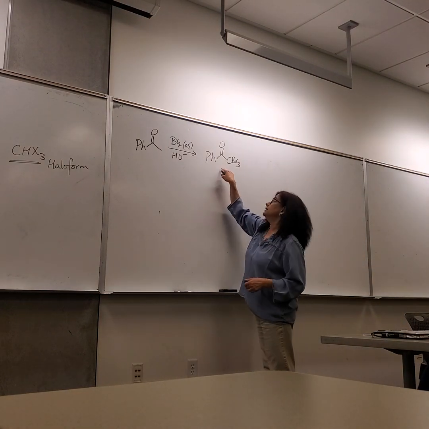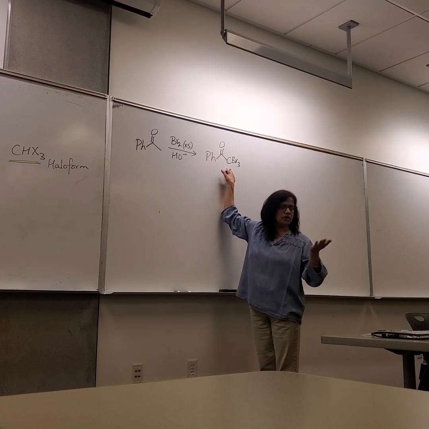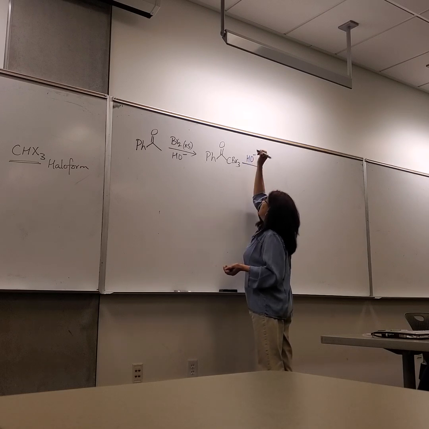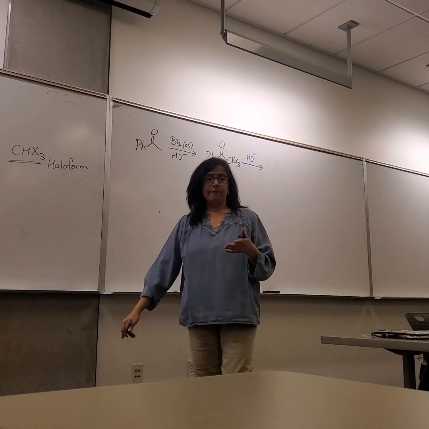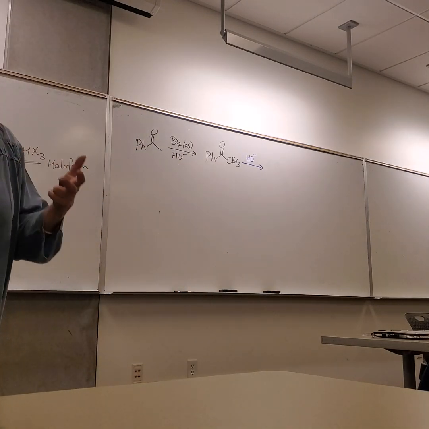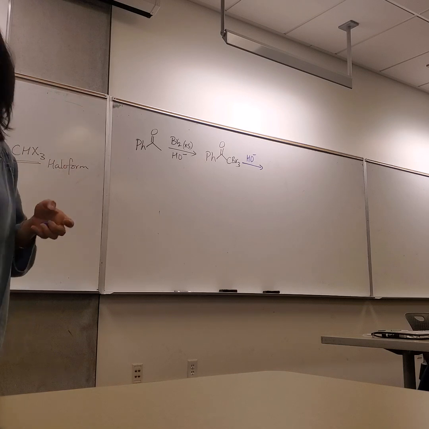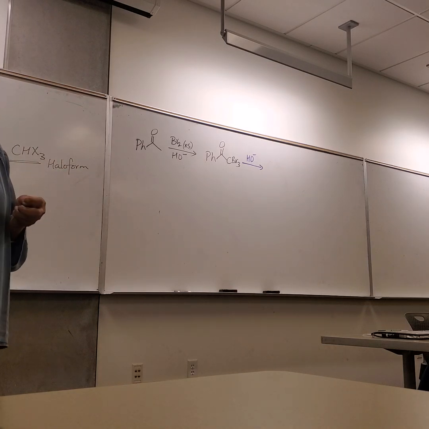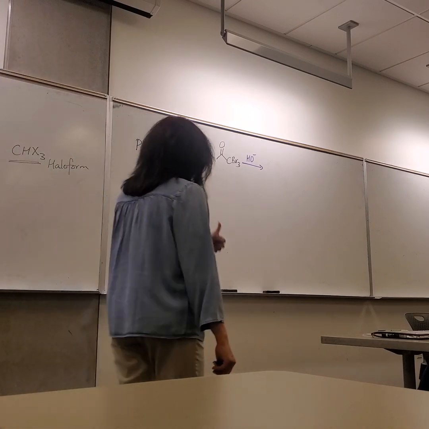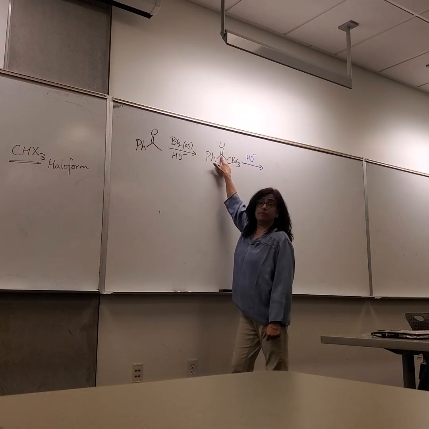Once that's created, no more bromines can be accommodated because the hydrogens are gone. So this is where hydroxide can come in again. But this time, does it have any protons for it to take? No. So can it act as a base? No. So what else will it choose to react as? Nucleophile. Where is the electrophile? In the middle.